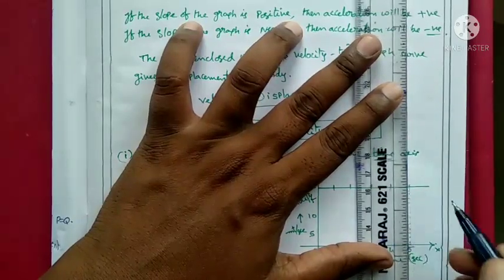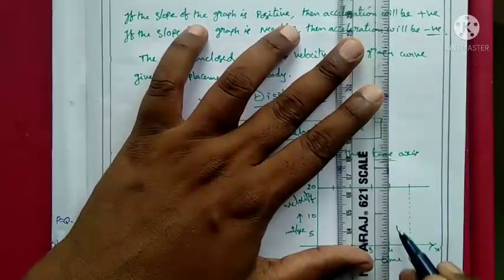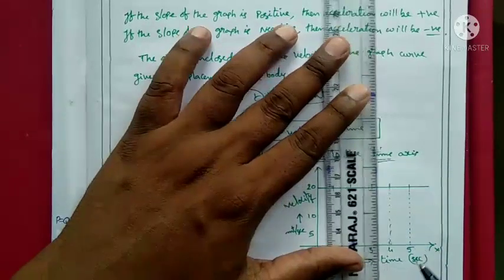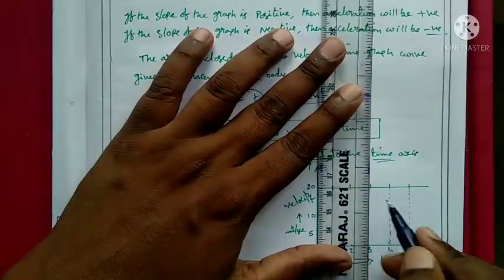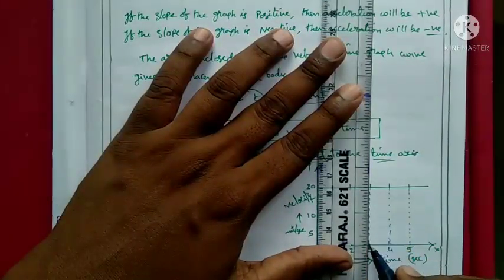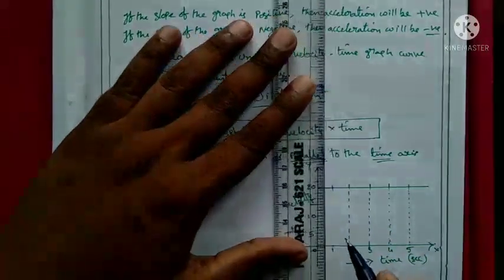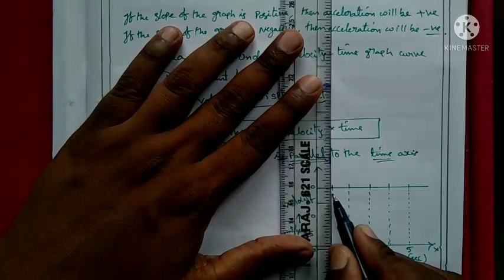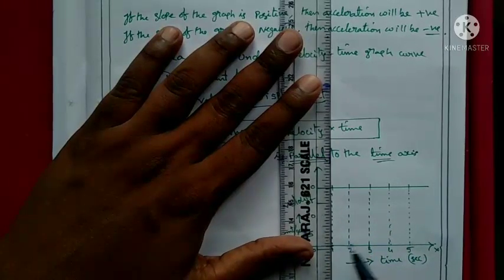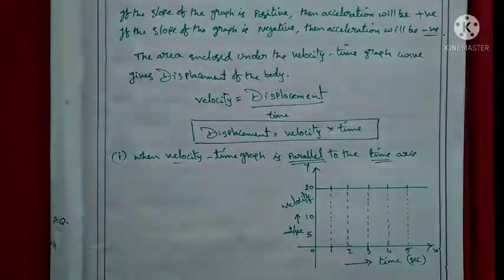So what does this graph indicate? The line is parallel to the time axis. What do you understand from this graph? At every time the velocity of the body is constant.